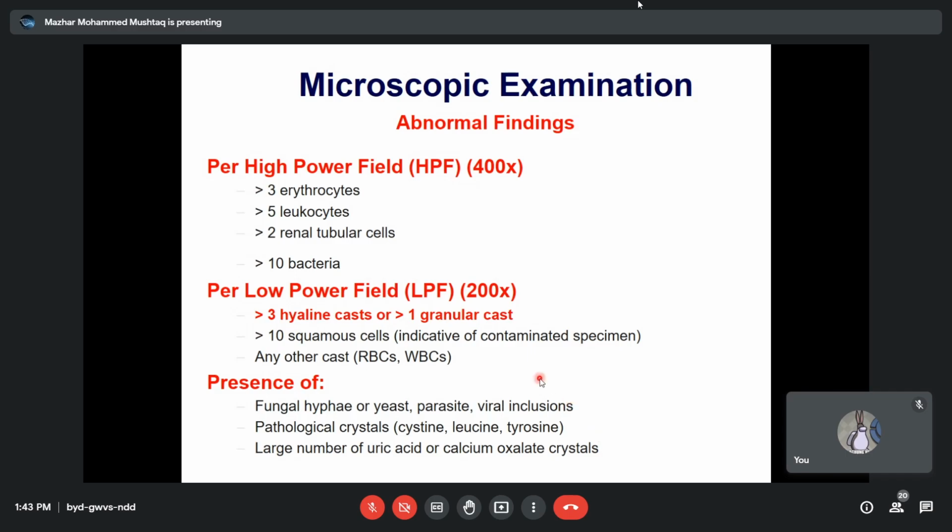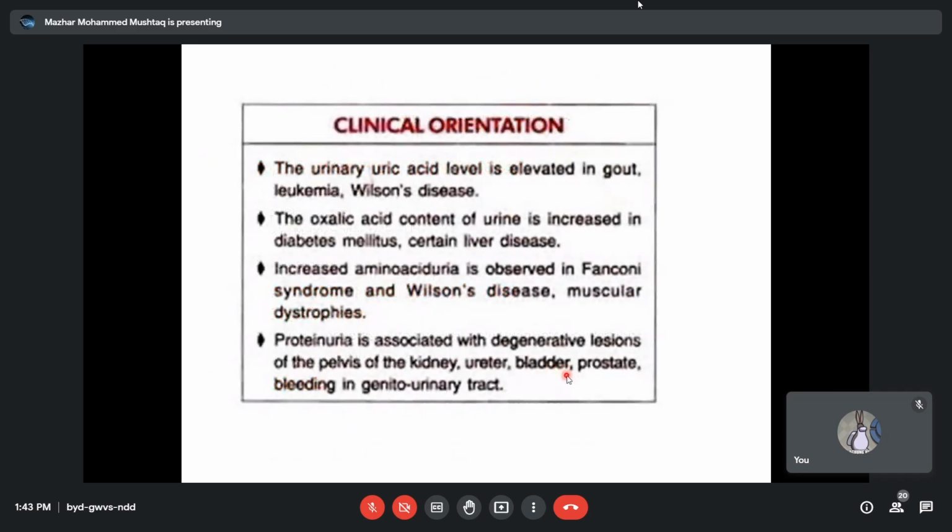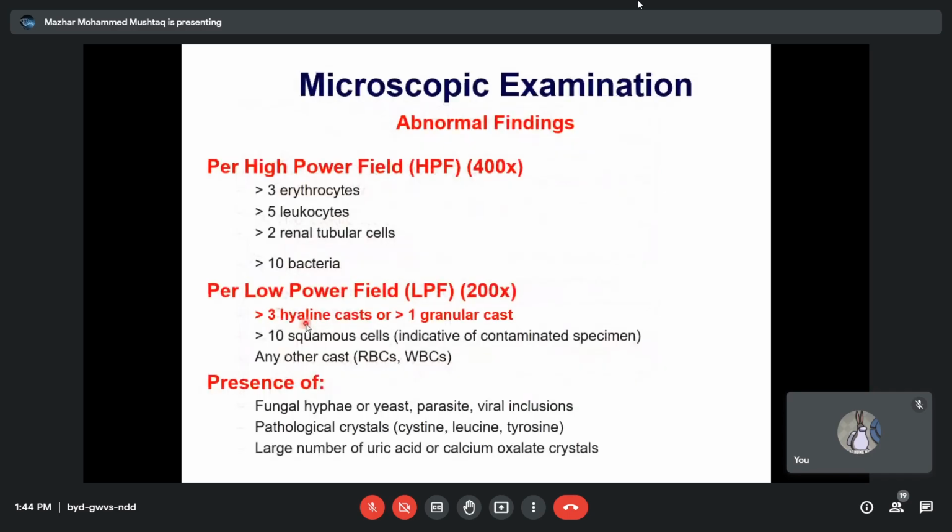So let's go here and find out what disease one can have. Who will tell me? Fanconi syndrome, yes, because of increased amino acid urea. Basically, the crystal would be formed if the amino acids are there. So you can say there is Fanconi syndrome, or Wilson disease, or muscular dystrophy.